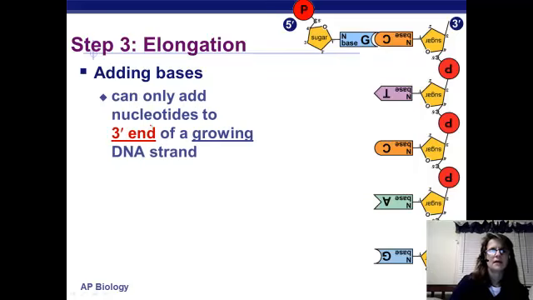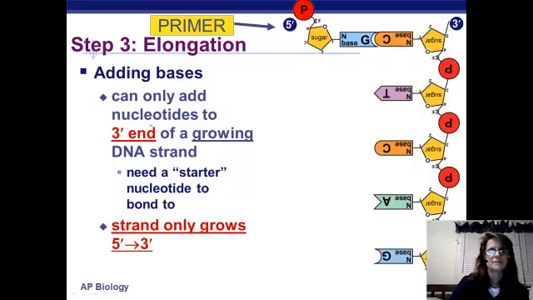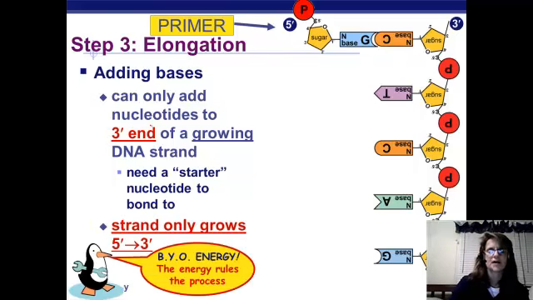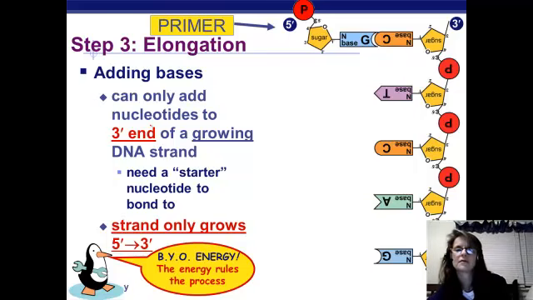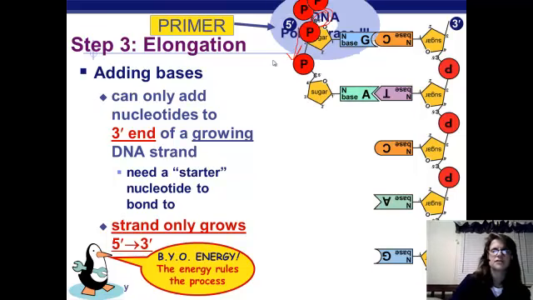Now, we can only add nucleotides to the 3' end of a growing strand. So there's our primer up top, and it's going to grow the strand from 5' to 3'. In other words, the exposed 5' is here, and we're going to grow in the 3' direction, and we're bringing our own energy to do that.